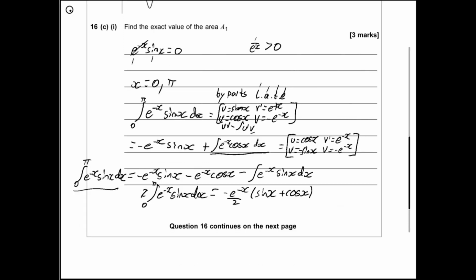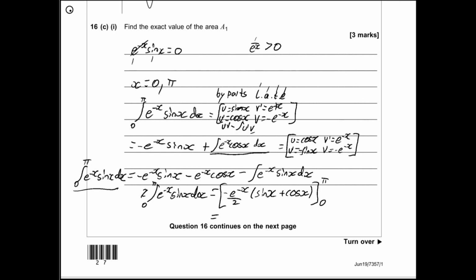And obviously we need the limits. And now we can just sub everything in and stick it in the calculator. And in the end, we will get e to the minus pi plus 1 over 2. That's for the first part.